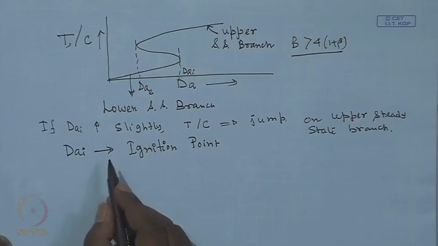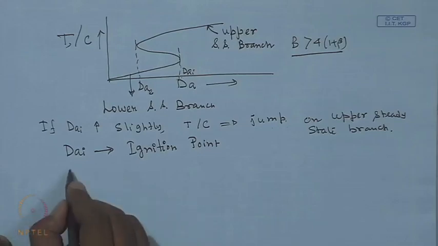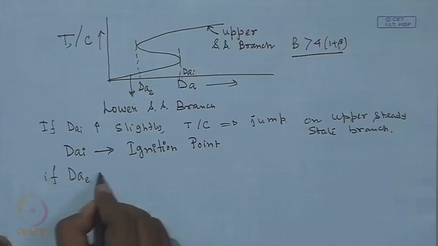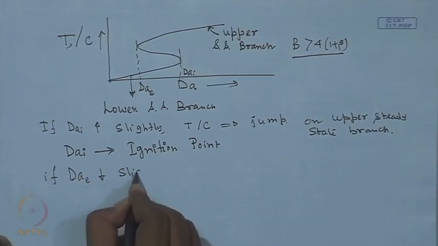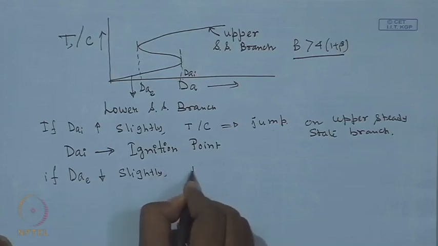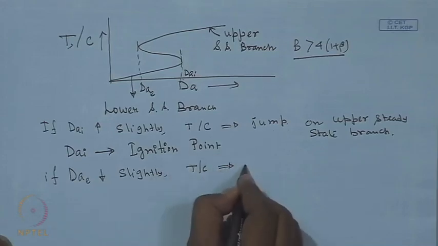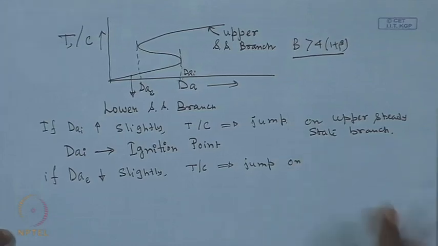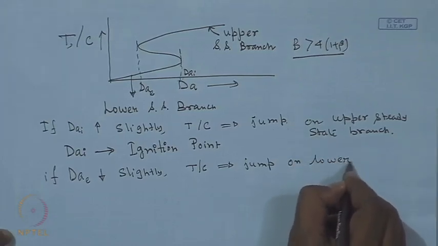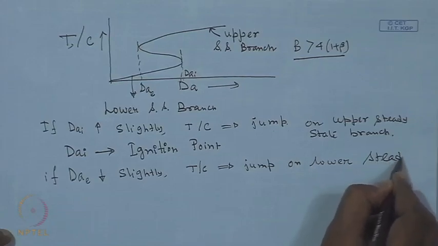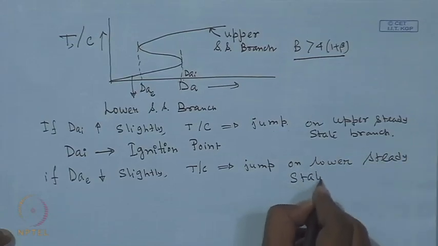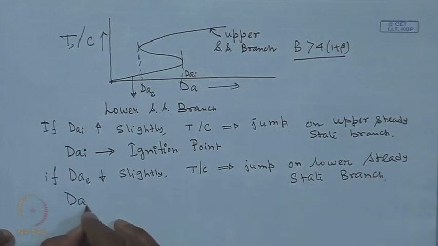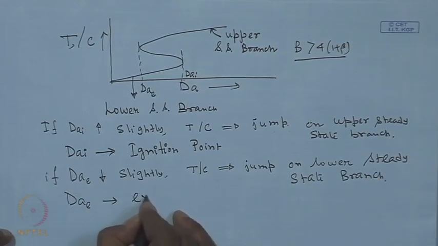If dAe is decreased slightly, then T or C jump onto the lower steady state branch. So, dAe is known as the extinction point.